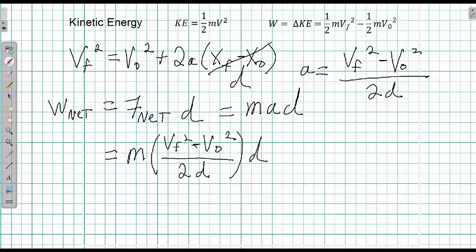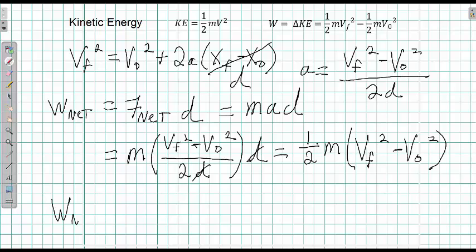Now, of course, we can cancel out those d's very nicely. Let's clean this up a little bit. We'll pull the 1/2 out: 1/2 m times v final squared minus v initial squared. So what we've just found is our net work equals 1/2 m v final squared minus 1/2 m v initial squared.